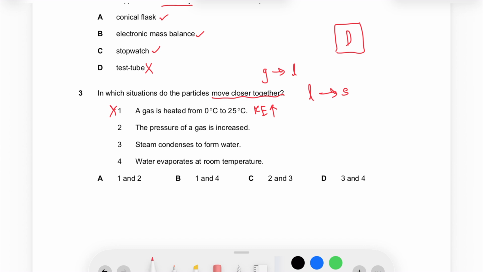The pressure of a gas is increased: if you increase it, they'll be compressed, so they'll move closer. It's true. Steam condenses to form liquid water, so it's correct. Water evaporates, so liquid goes to gas. That's wrong. So the answer is 2 and 3, C.